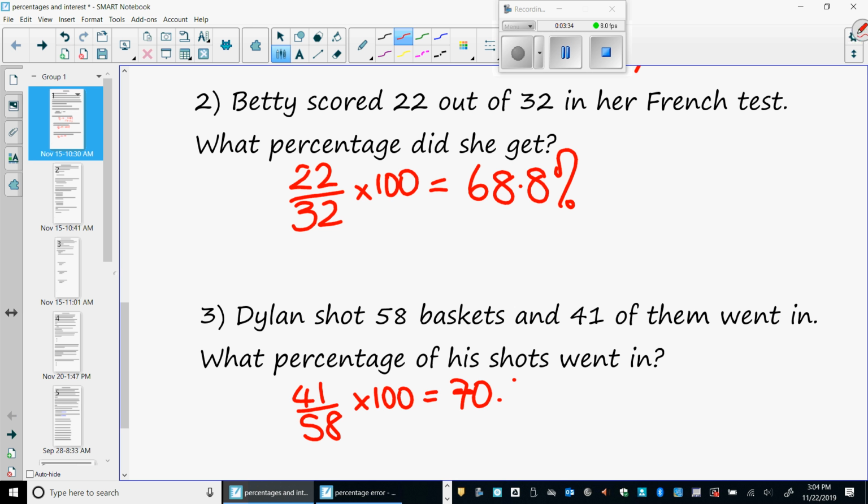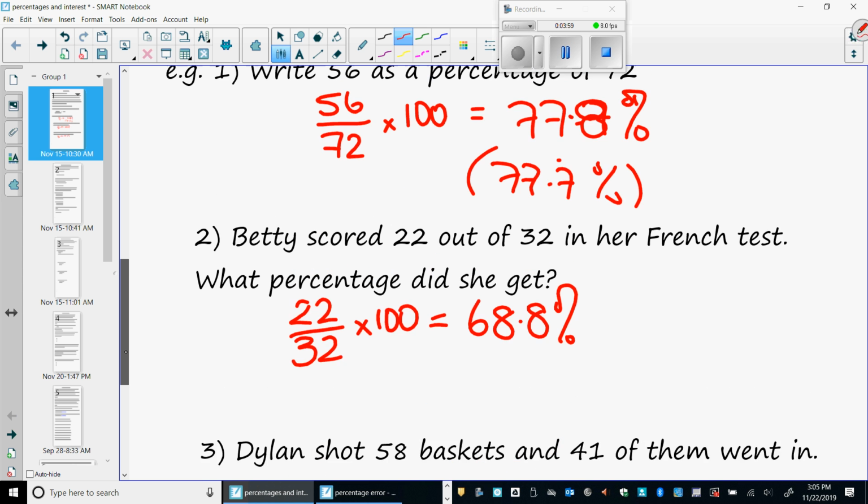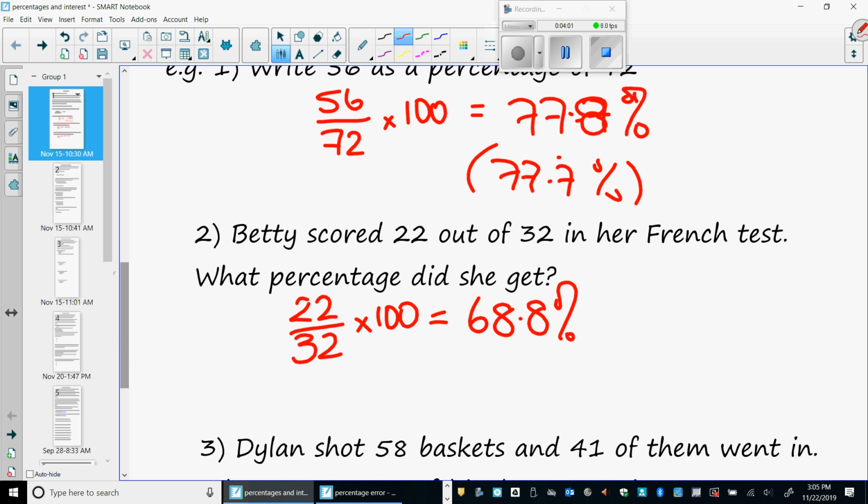After the 6. A big long list of things is recurring. So 70.7. What's the answer to 3 significant figures? What was the matter, Annie? What was the answer for 1? 77.8%. Or 7 recurring.